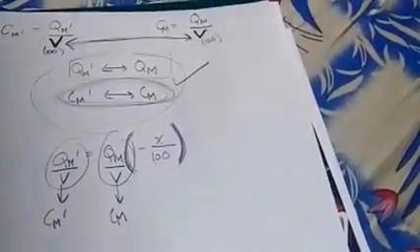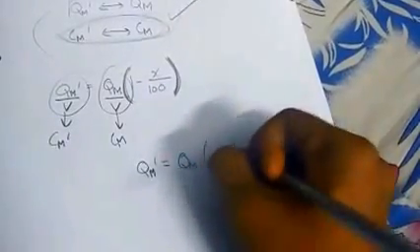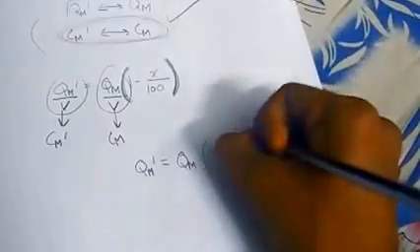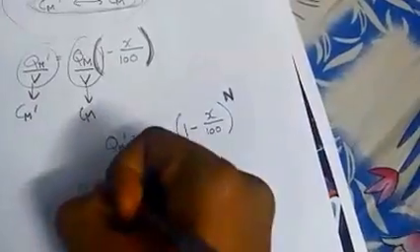And if it's written that such a process happened for, let's say, n times, 2 times, 3 times, 5 times, n times, so your final relation would be that qm dash is equal to qm multiplied by 1 minus x upon 100 to the power n. And you can see that, let's take the example of this set of events happening twice. When it happens for the first time, you will have qm dash dash.